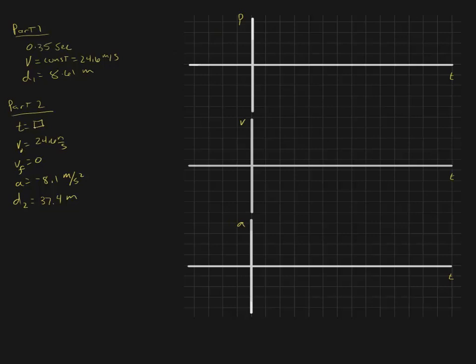The first thing we want to do is, knowing we're going to need this time for part 2, let's go ahead and calculate the time interval there for part 2. And that's a simple task. We have the initial velocity, final velocity, and the acceleration. And so we can just use our velocity function, which is v final equals v initial plus at. We know that v final is 0. And so we get minus v initial divided by a is equal to t, or t2 more specifically.